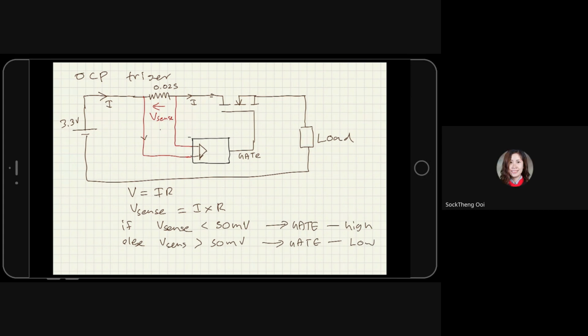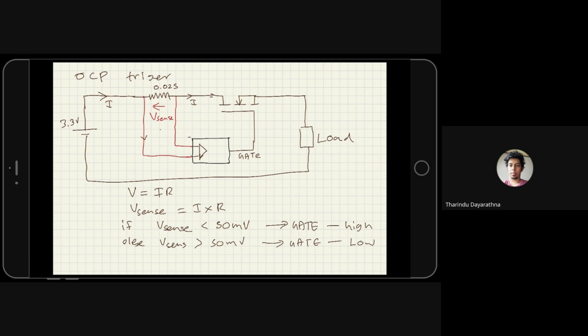Okay, I understand. So now you can see, if you put a constant resistance, depending on the current flowing in the system, this gate signal will vary.